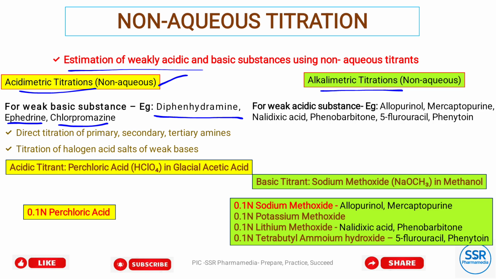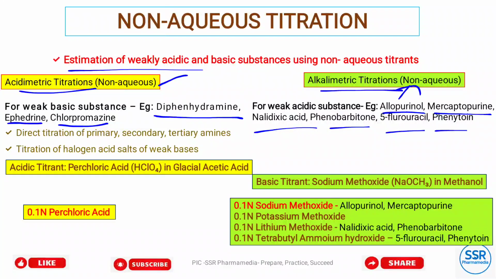For weakly acidic substances, examples are allopurinol, mercaptopurine, nalidixic acid, phenobarbital, 5-fluorouracil and phenytoin. These weakly acidic substances are used in alkalimetric titration to determine purity.